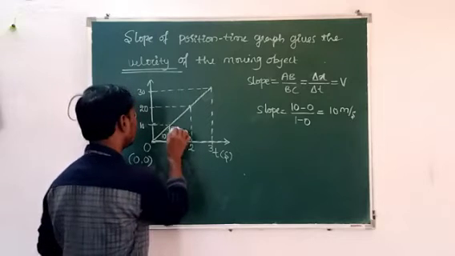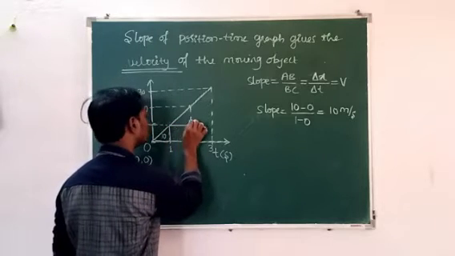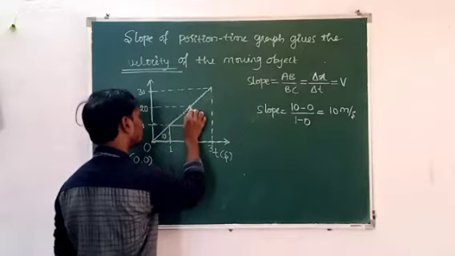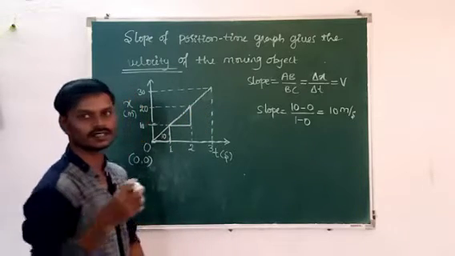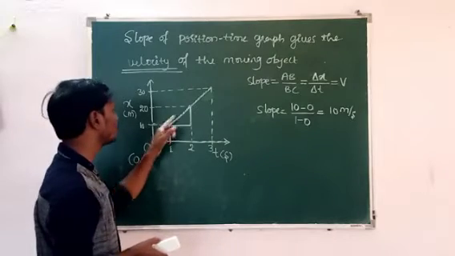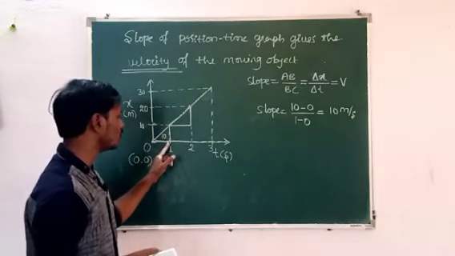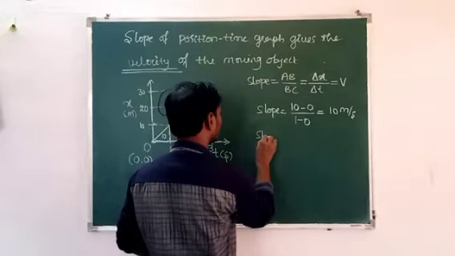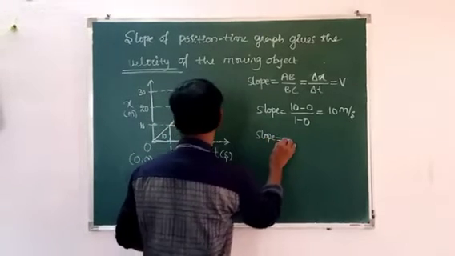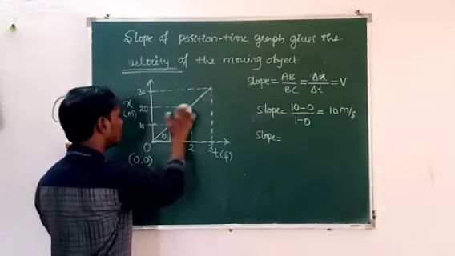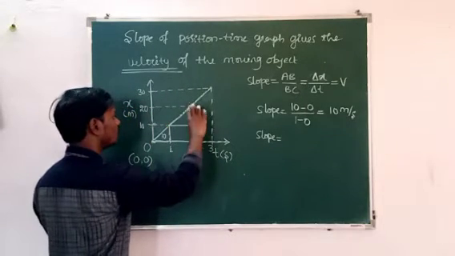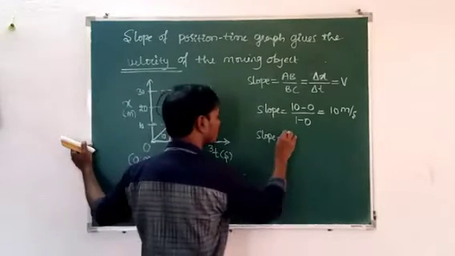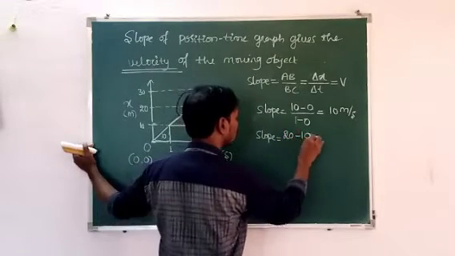Next, here I will find the slope. If we find the slope, then we will get the velocity of the object from 10 meter to 20 meter in the time interval 1 to 2 seconds. Then see here, again by using the slope, we take 20 minus of 10, that is 10.